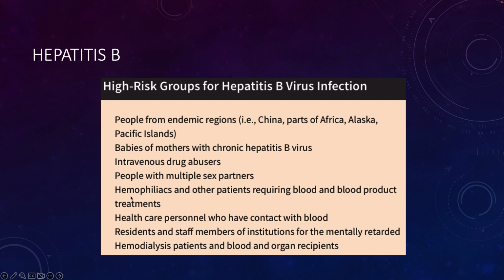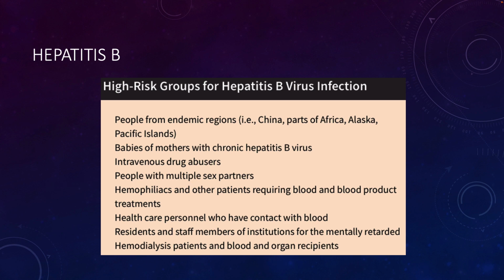Anyone who gets blood treatment, like hemophiliacs, healthcare personnel who have contact with blood, residents and staff members of institutions for people who are developmentally disabled. And that's mostly because in a lot of these places, the residents, because they are developmentally disabled, don't necessarily engage in appropriate behaviors.